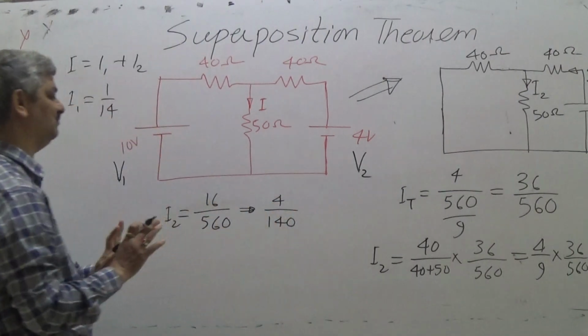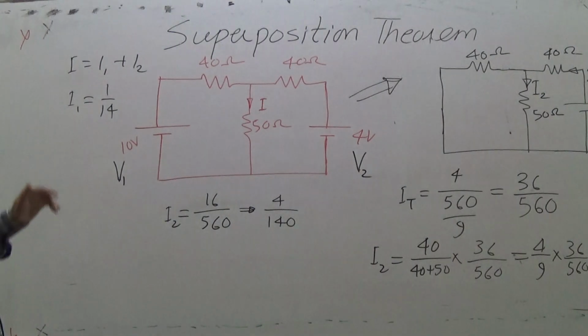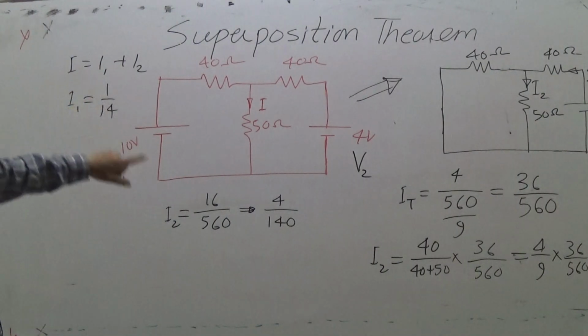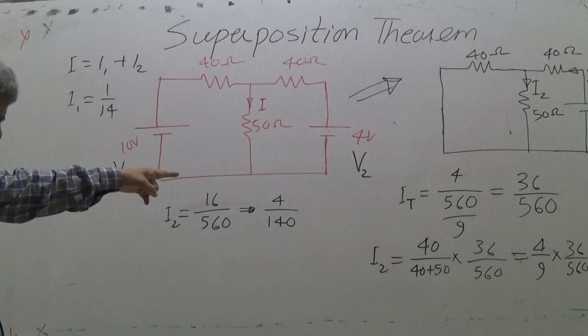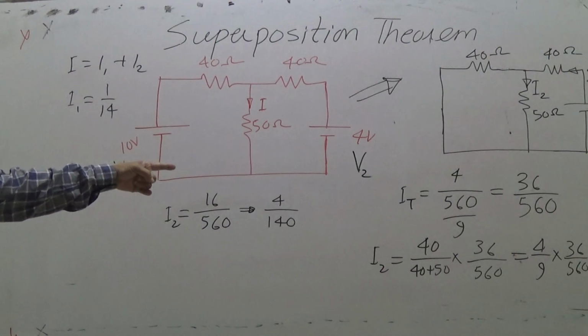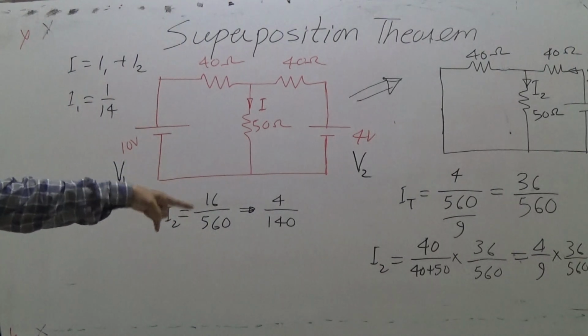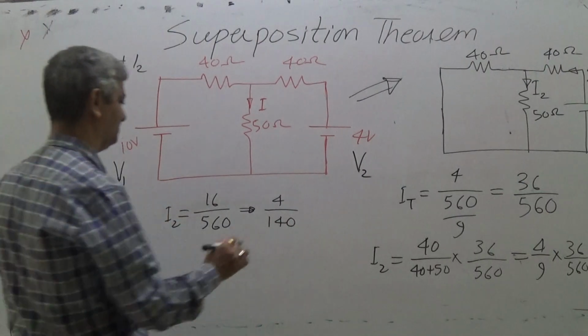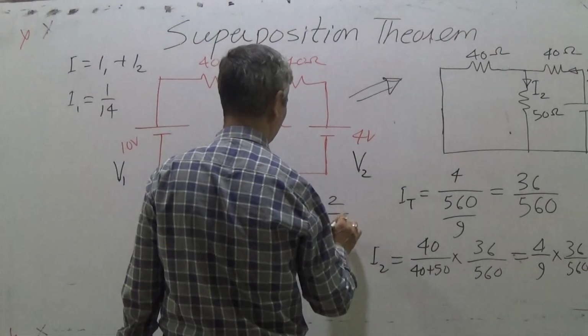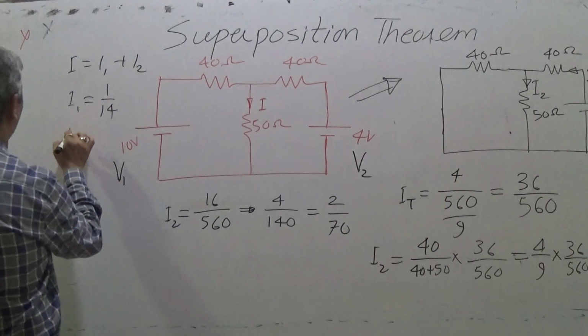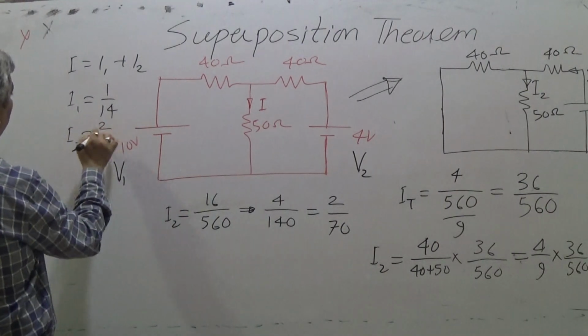And I keep 4 upon 140 as it is. What was I1? 1 upon 14. Actually, it will be getting simplified to 2 upon 70. It's okay, no problem. So I2 is equal to 2 upon 70.